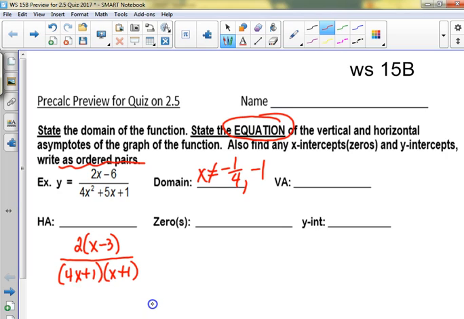Okay. Please look at your yellow sheet right now and make sure you understand what it says for domain. Does it say what would make the denominator equal to 0 or something? Okay. And be sure that you find the domain before you cancel anything for a hole, okay? All right, what does it say for vertical asymptote?